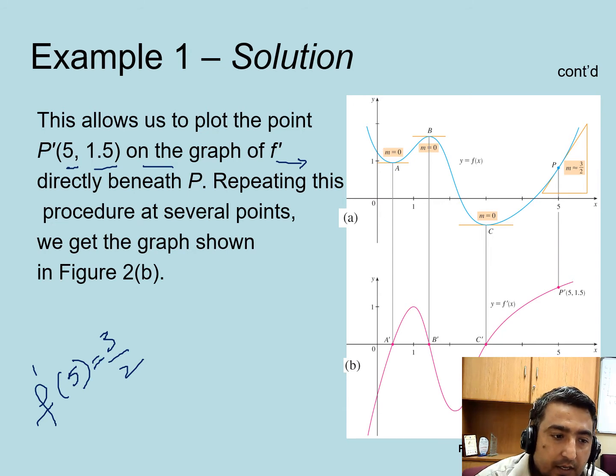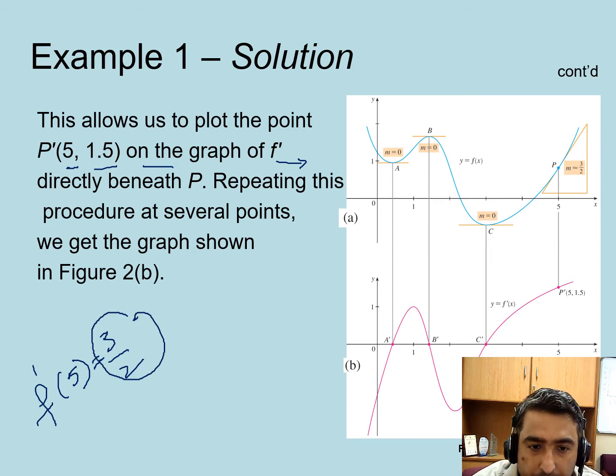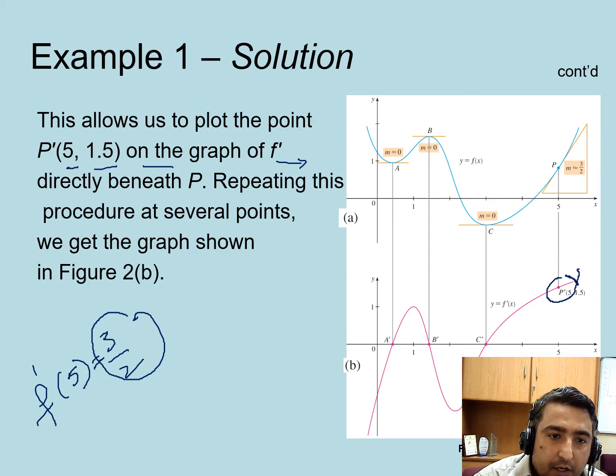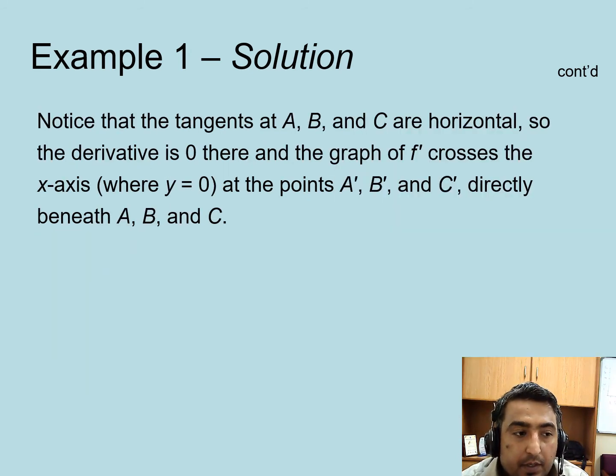This is the slope of the tangent, and this is equal to 2. So at x equal to 5, corresponding to this, we have obtained this one point. Similarly, looking at the graph, we notice these 3 points A, B, C.